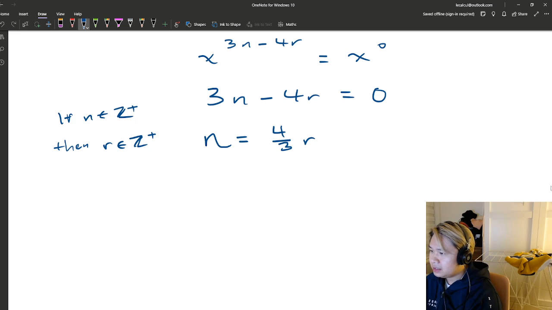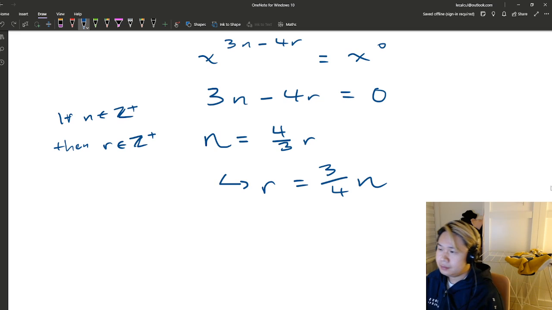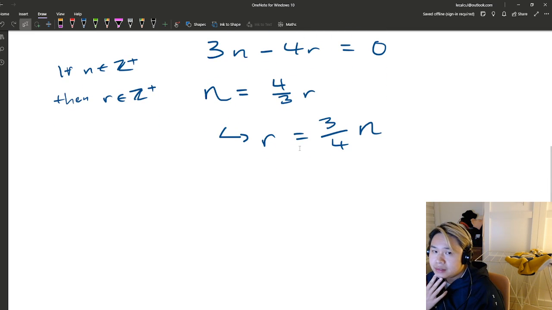Okay, so that means, let me just rearrange this actually. r is 3 over 4 n. So the only way for r to be a positive integer is if n is a multiple of 4.